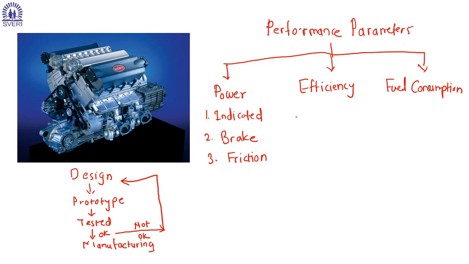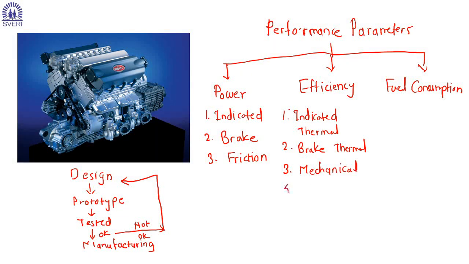Now on the efficiencies, we have various efficiencies. First one is indicated thermal. Second, we have brake thermal. Third, we have mechanical. Fourth, we have volumetric.